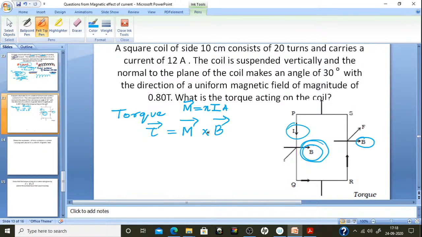And see, there is a cross product here, so if I remove this cross, I will get MB sine theta. What is theta? Theta is the angle between magnetic field B and the area. All that is given. So instead of M, I'll put NIA B sine theta. Is this clear?